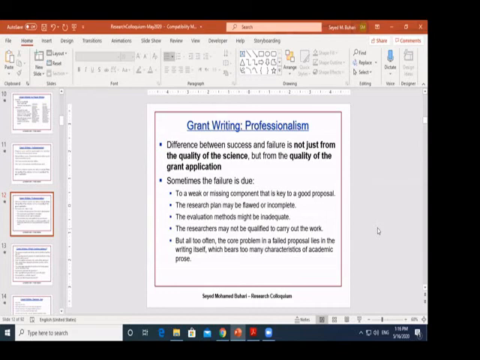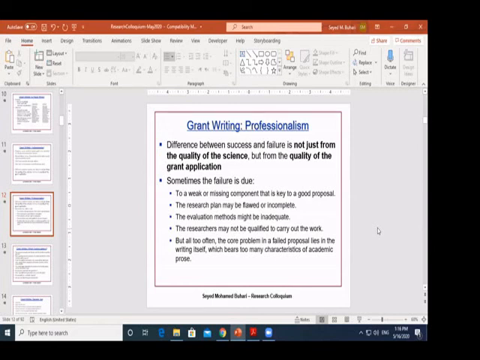You have to list the people who are all participants of this fund, like principal investigator, co-investigators. You should write the names, their CV, their expertise, all this should be there. If the fund giver finds out that they don't have people to do this job, how will they do it?